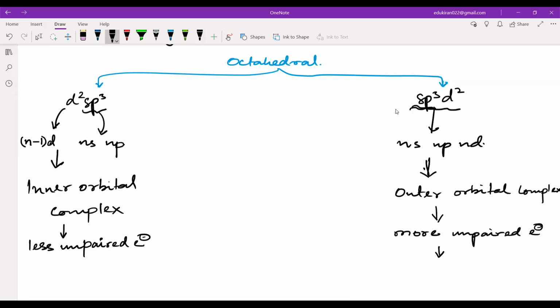So outer orbital complexes are known as high spin complexes, and the one with fewer unpaired electrons is known as a low spin complex.